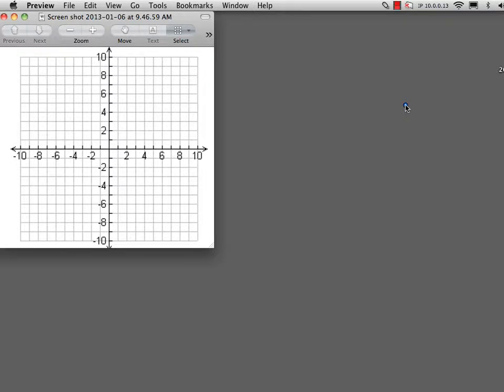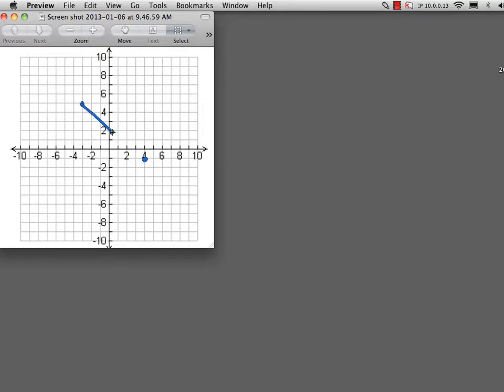Let's say we've got 2 points and we want to know the distance between them. Let's say one point is at 4 and -1, and a second point is at -3 and 5. So there are our 2 points, and we want to know the length of this segment.